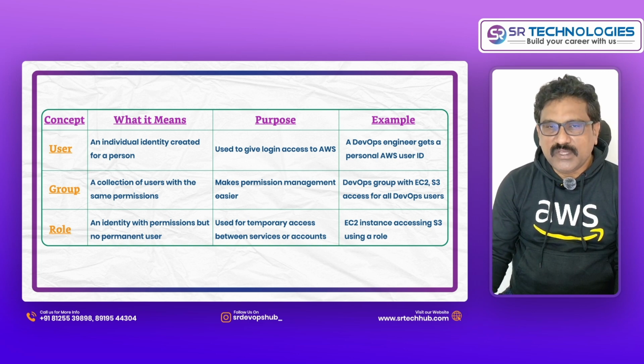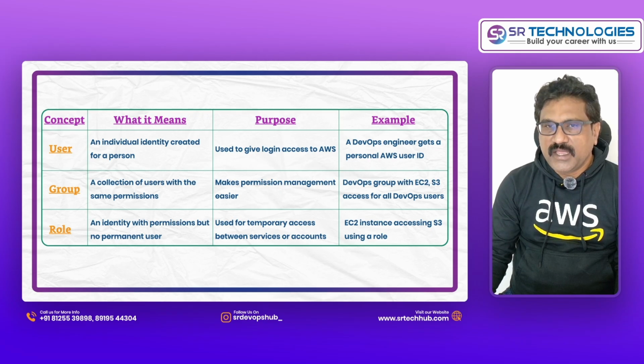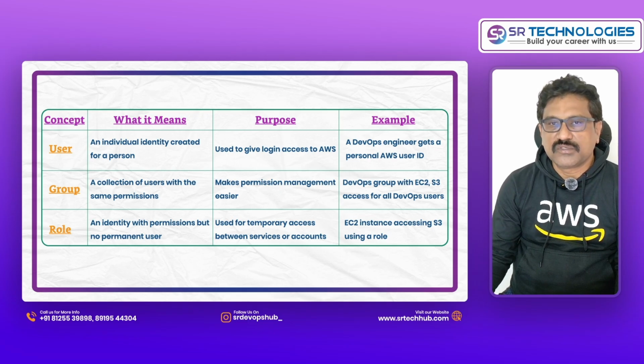Fine. Likewise, tomorrow a new joinee will come and join, and 5 or 10 other people. Like this, new joinees will join your group. For each and every one, they have to create a user and assign permissions to AWS services or resources. Instead of giving permissions to everybody individually, they will create one group.